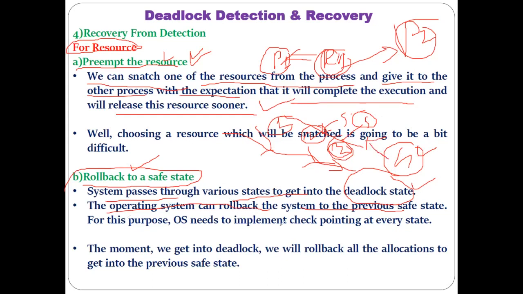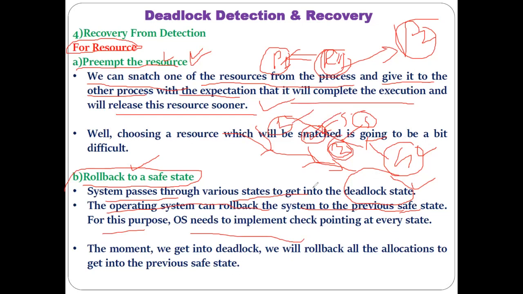Roll back means just going back to the previous safe state. For this purpose, the operating system needs to check at every state whether state 1 is a safe state, whether state 2 is a safe state, and so on.